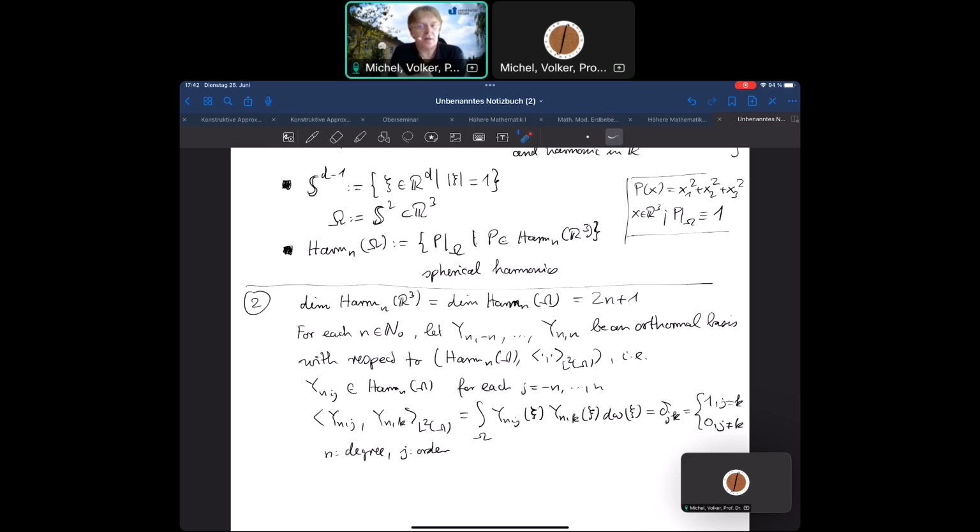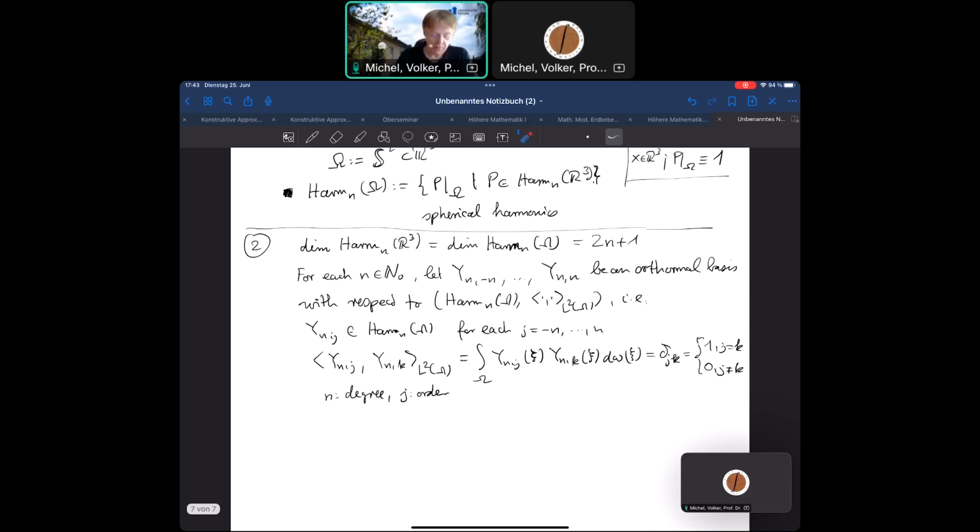So we have 2n+1 linearly independent functions in a vector space which has dimension 2n+1, so it's a basis, just by the number of the functions. Now you might ask the question, how do I get these functions? I will give an answer to that later in this video. Let's just assume we get somehow these functions. We found a way how we can construct 2n+1 orthonormal spherical harmonics for every degree n.